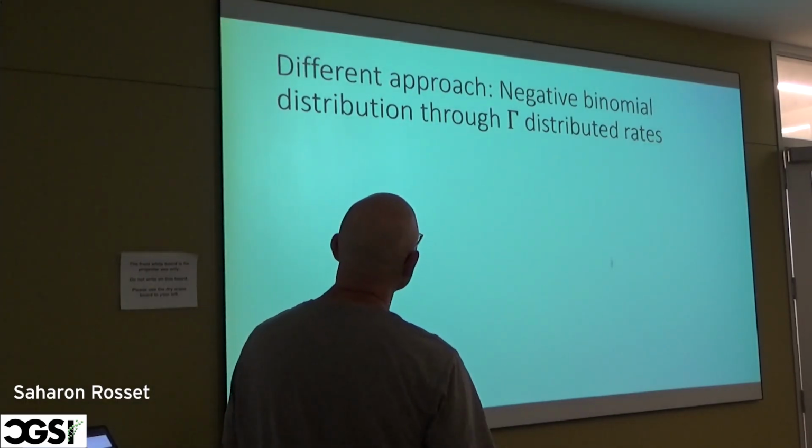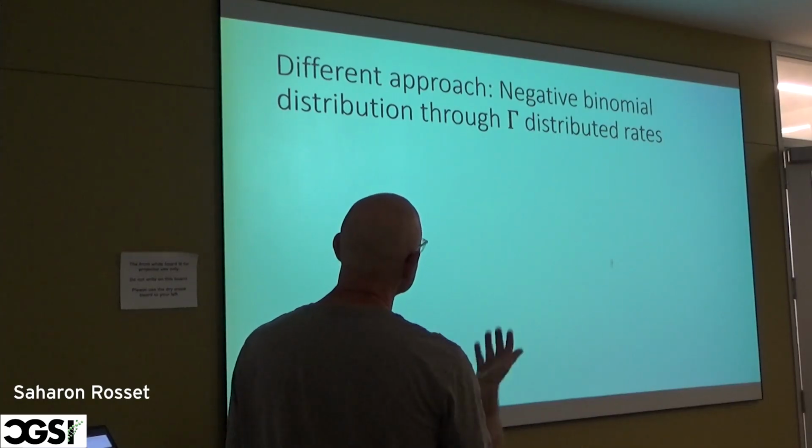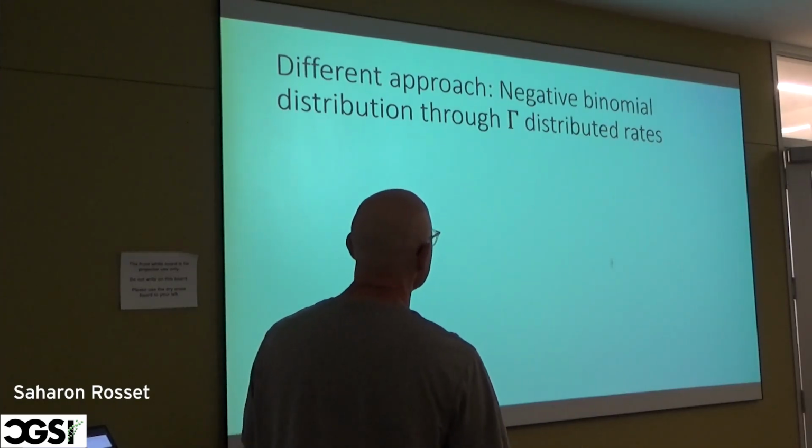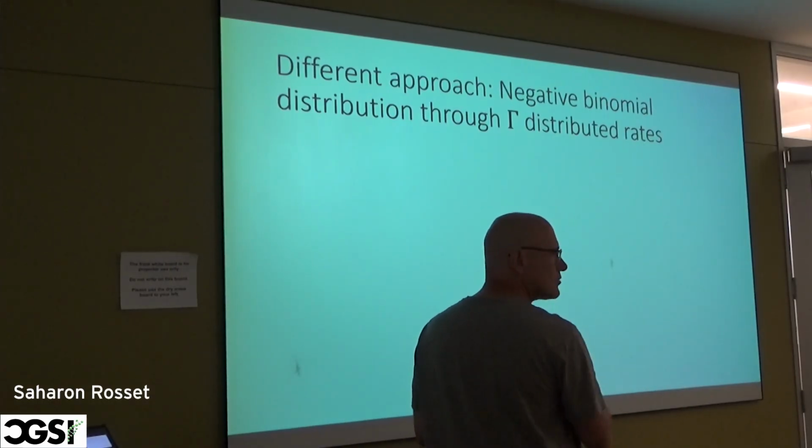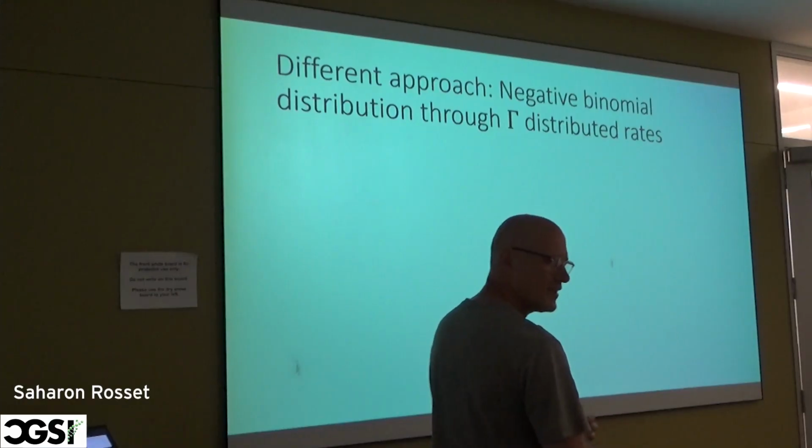So for example, we can assume a distribution over rates. I mean, we can think of this as making those rates lambda random variables or random effects instead of parameters in our problem.